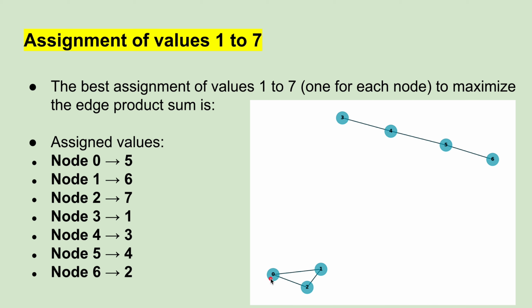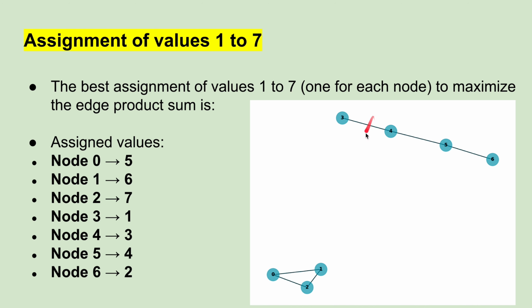So first we have given 0 to 1, right? The edge between 0 and 1 is called edge 1. Then the edge between 1 and 2 we'll call edge 2. Then 2 to 0 is edge 3.